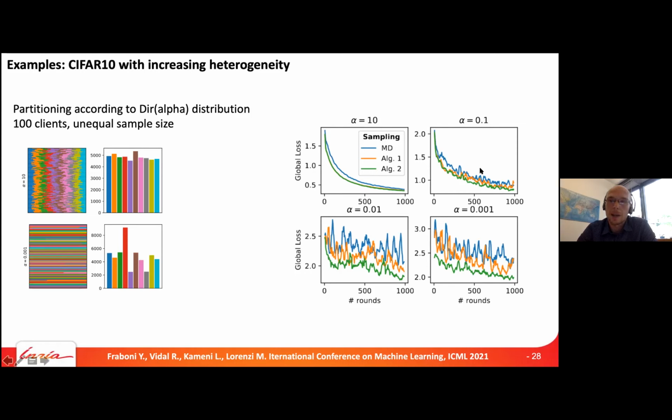But when we start increasing the heterogeneity, we see that, again, sampling according to some criterion, which is not just a simple multinomial distribution, improves in terms of convergence and also decreases the variability overall. So this is another empirical demonstration that these schemes start becoming useful, especially in presence of heterogeneity. Thank you. Yeah.